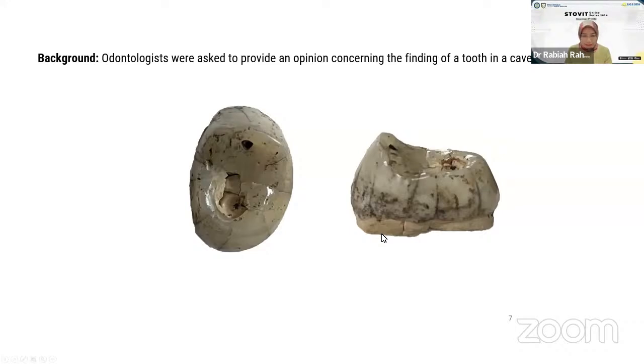So in this case, what we have done, we have not only analyzed the tooth morphology externally, we have sent this tooth for 3D imaging analysis, that is CBCT, and also micro-CT to examine the tooth holistically inside.